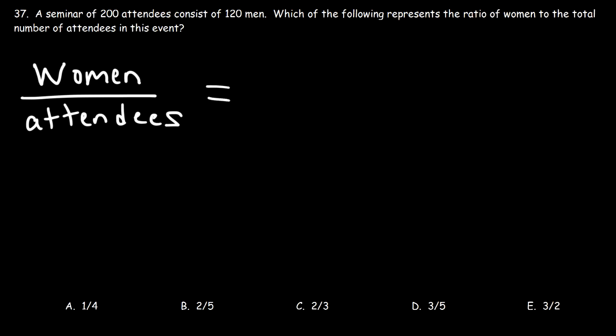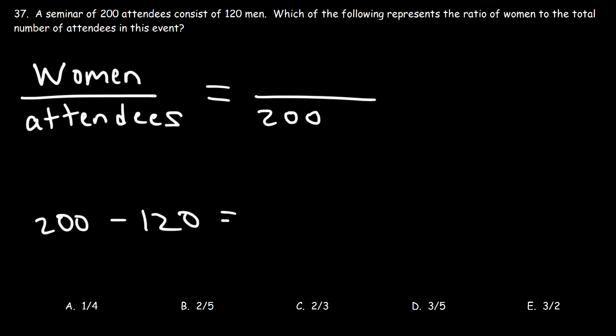So how many women are in this event? We know that the total number of attendees is 200, 120 of which are men. So the difference, 200 minus 120, will give us the number of women in this event. So we have 80. So what is the ratio between 80 and 200?